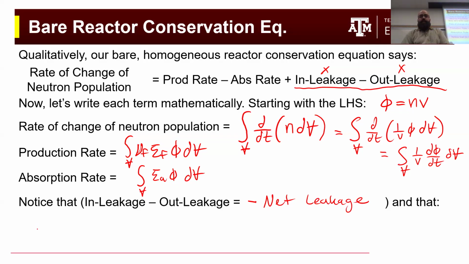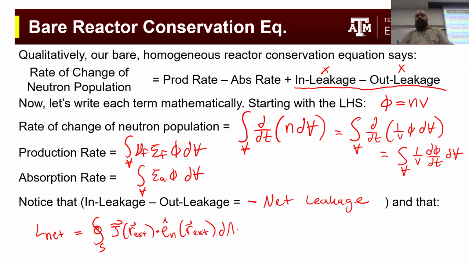And we had just said that that net leakage rate, I'll say L net, is that surface integral of J evaluated at that surface, dotted with that outward surface normal, and then it's an integral over the surface dAs.